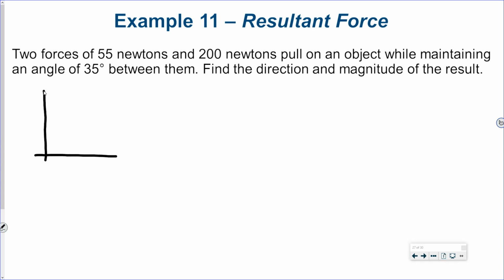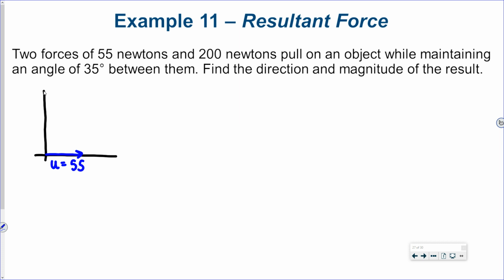So I have my force of 55 newtons. I'm going to put that one right on the x-axis because it maintains an angle of 35 degrees between them. I'm going to call this one U. It's 55 newtons, that's the magnitude of that vector.